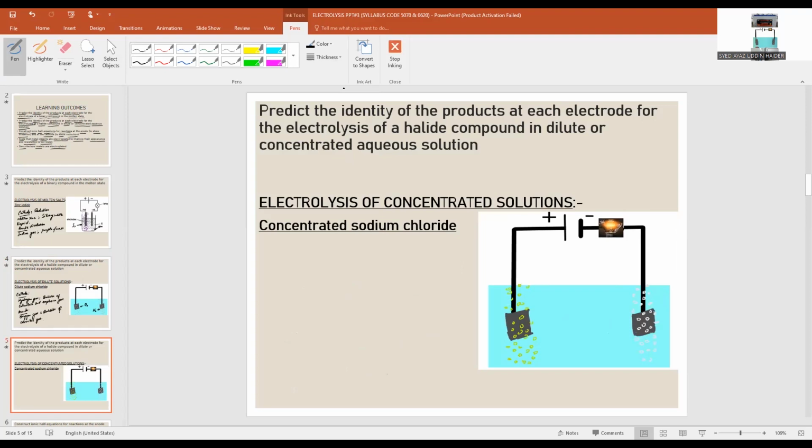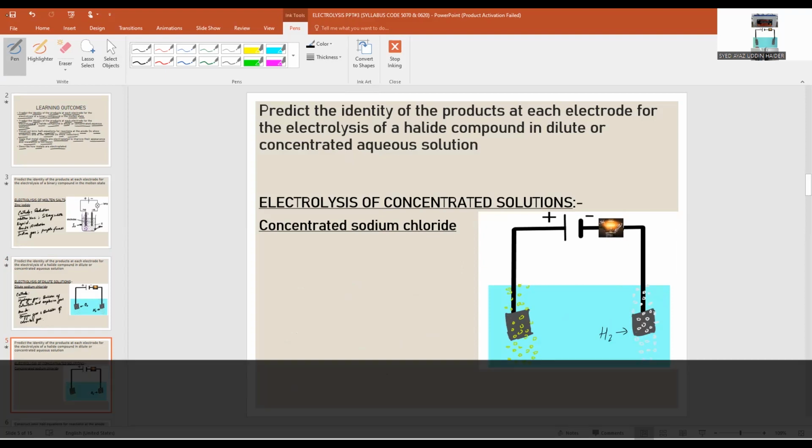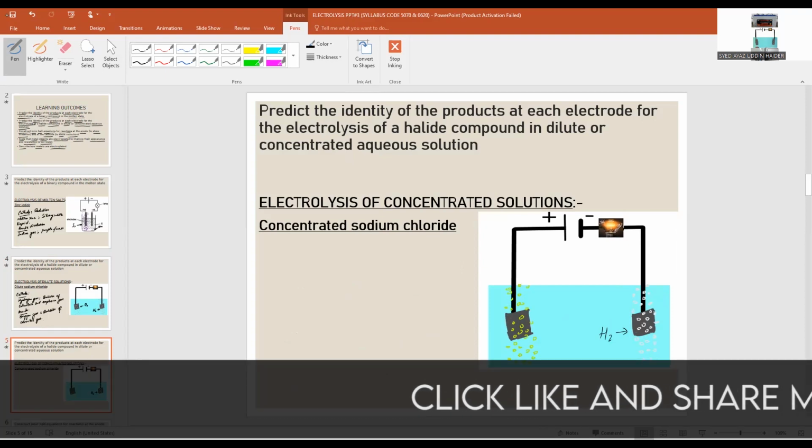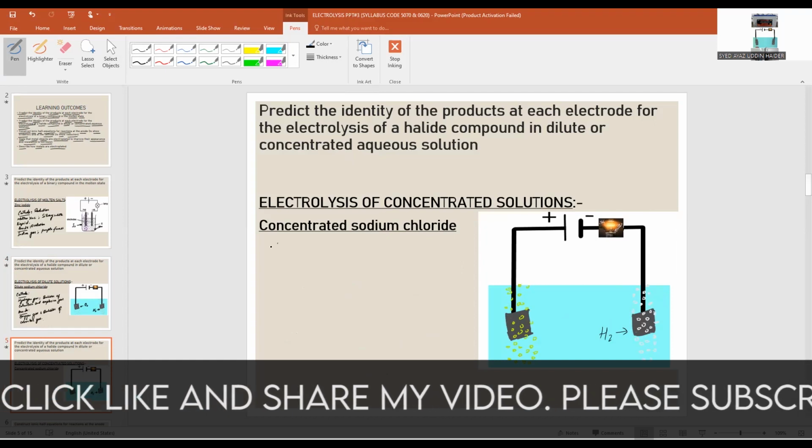Concentrated sodium chloride. In case of concentrated sodium chloride, we will again get hydrogen gas at the cathode instead of sodium metal. This is because although the concentration of sodium ions is high, sodium is more reactive, or above hydrogen.